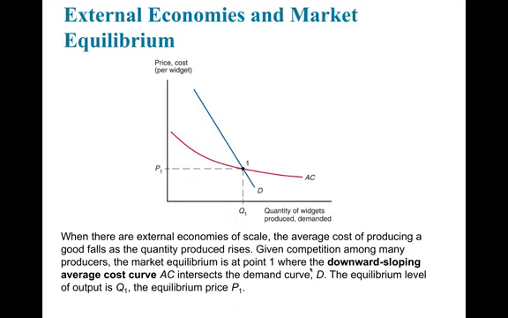The idea here is that firms compete away all the profits, and so price is going to end up being equal to average cost. And so market equilibrium is at point 1 where the downward sloping average cost curve AC intersects the demand curve D. The equilibrium output is Q1, and the equilibrium price is P1.